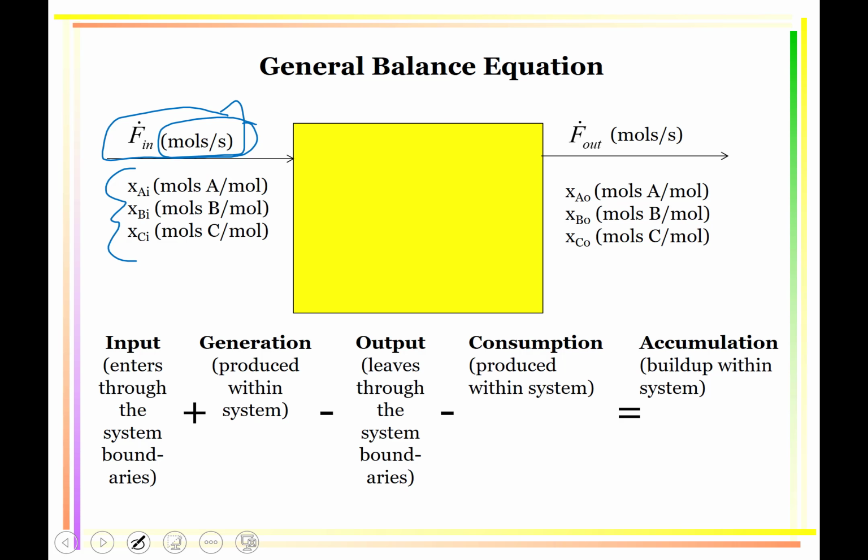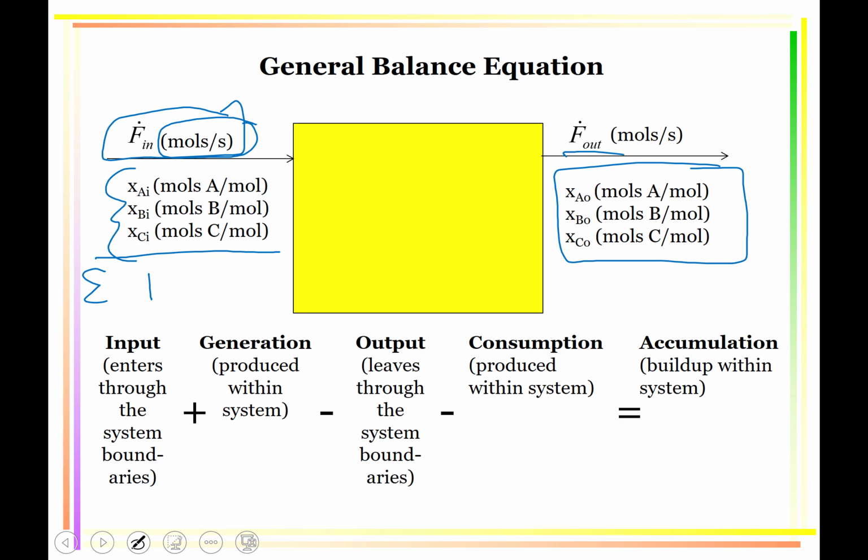And we have a similar situation of the materials coming out. So we label it F dot out. And it's helpful to stay consistent by using these same variables because these are kind of standard variables. And just to note that all the mole fractions, if you sum them up in a stream, they will sum to 1, in the same way in the outlet.